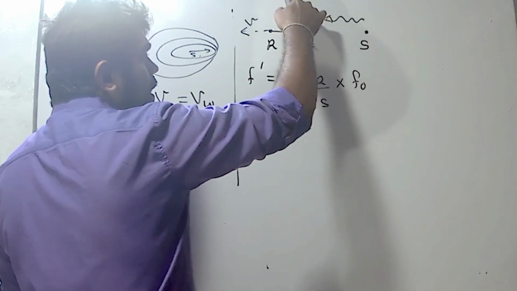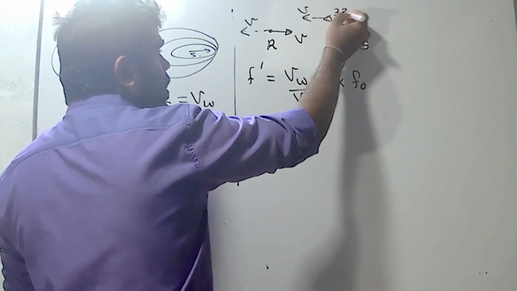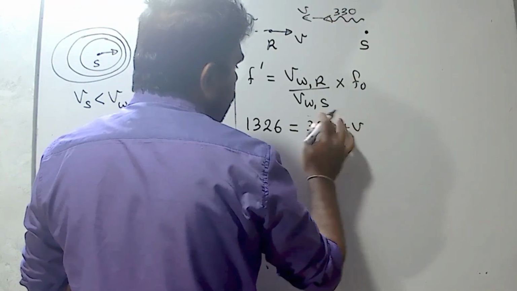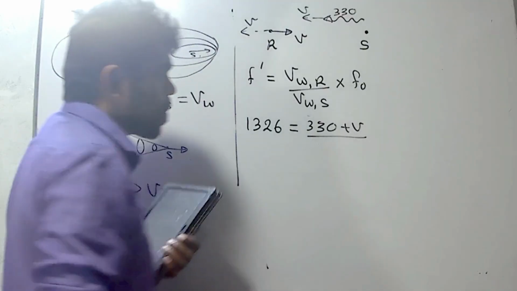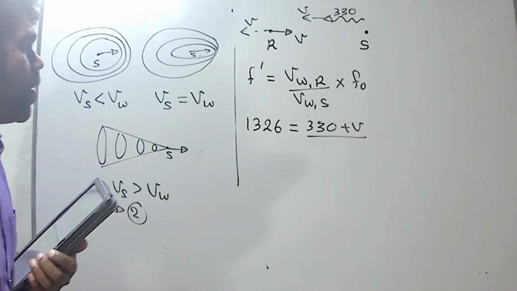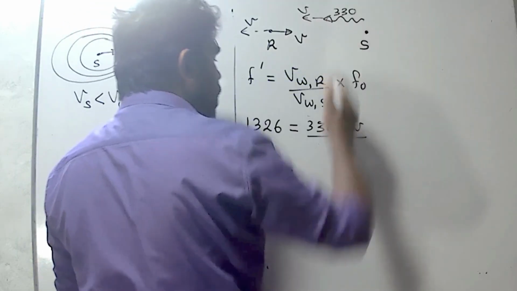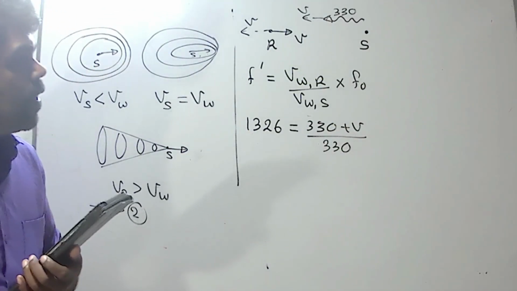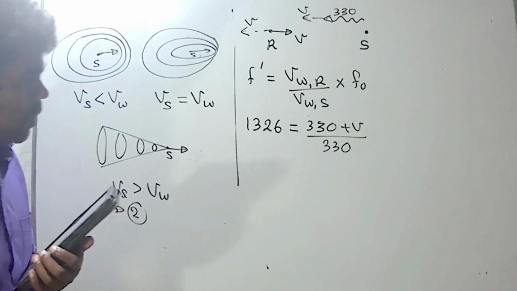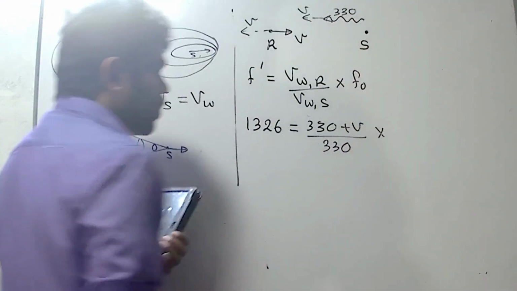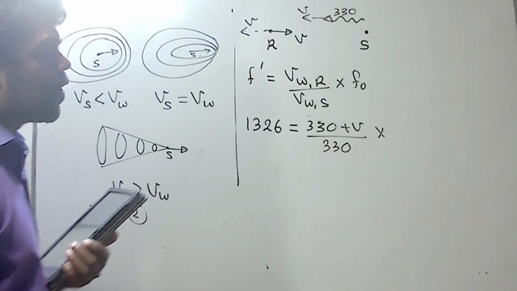Then we can get the velocity of wave as 330 plus v, divided by the velocity of wave related to source, which is 330. There is no change because the source is not moving. Multiplied by the real frequency.